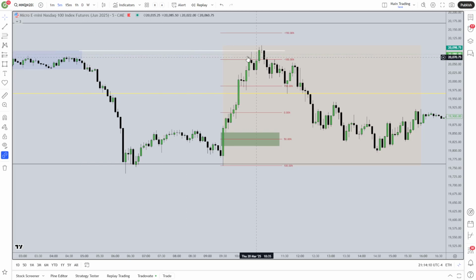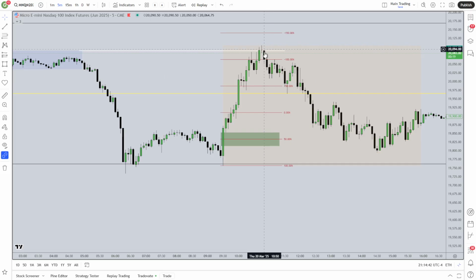Now that level is above the 1 standard deviation, but take a look at how price uses these levels. We expand, we clear the first standard deviation, we retest, we expand, we retest the 0.5, we expand, we reject for the first time after the 1 standard deviation, we break to our expected terminus, and then we start to see price breaking down.